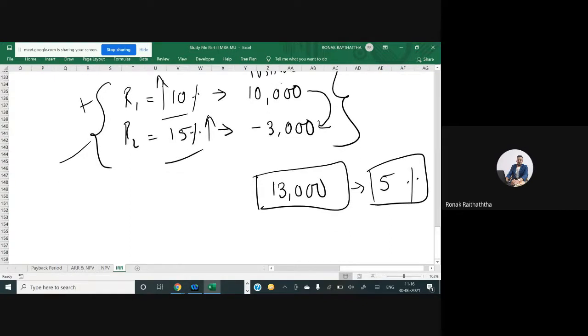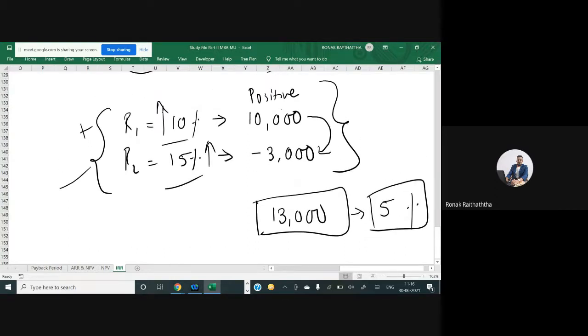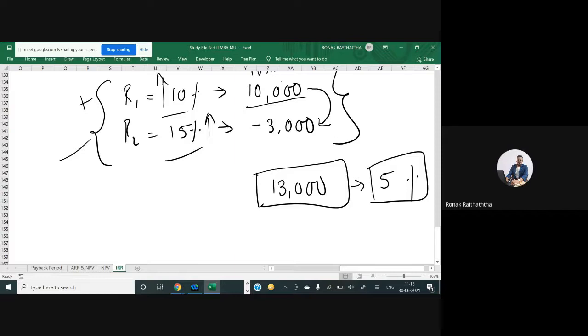Then I want just 10,000 of movement because I want the NPV to be 0. And if I want the NPV to be 0, then 10,000 should be reduced from the current level of 10,000, right? I want a movement just to be 10,000, then what will be a rate which may be increased?